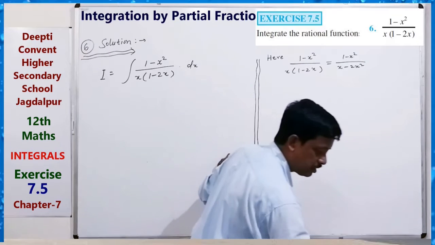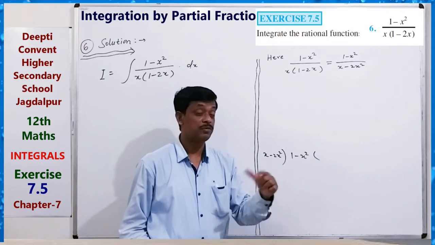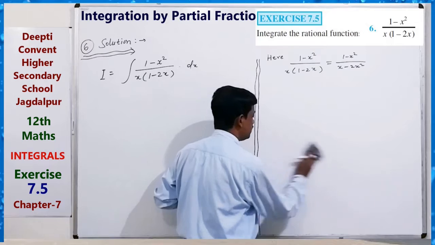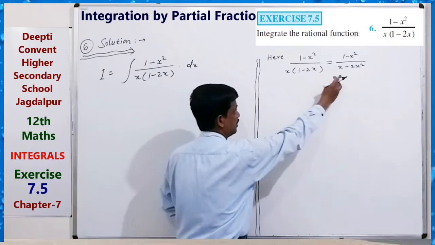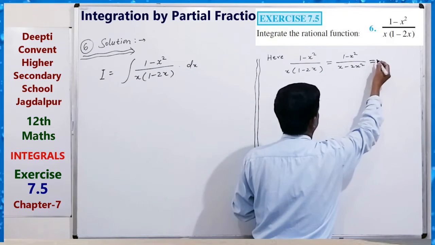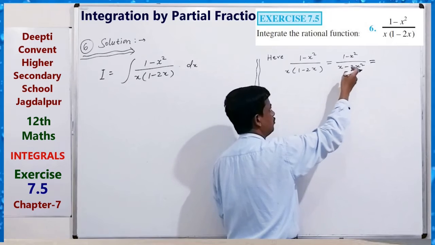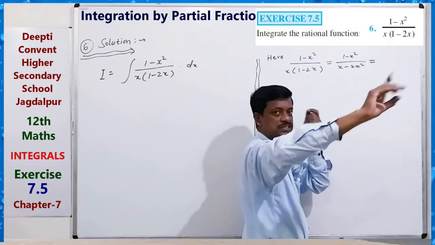Okay. So for that, you know, how can we divide polynomial by polynomial? You have to write from higher degree to lower degree term. In standard form you have to write the polynomial in decreasing power.